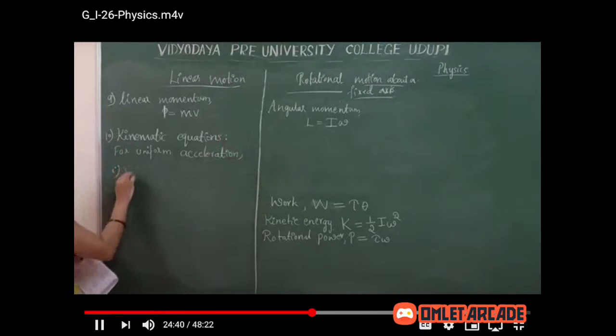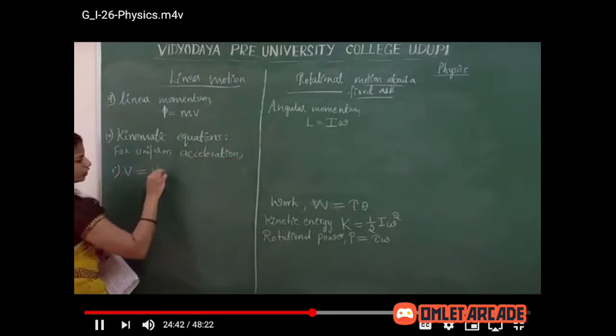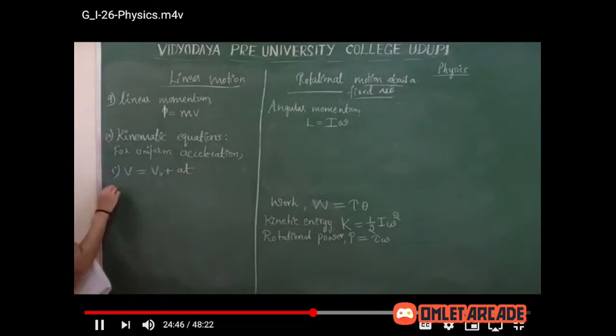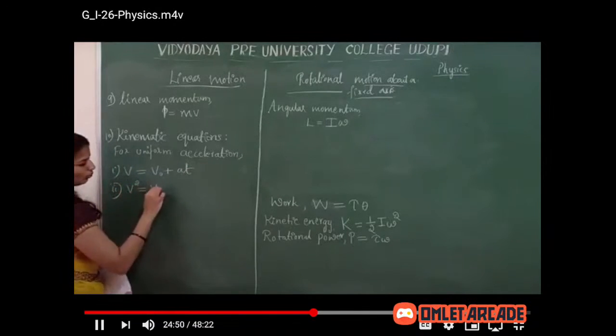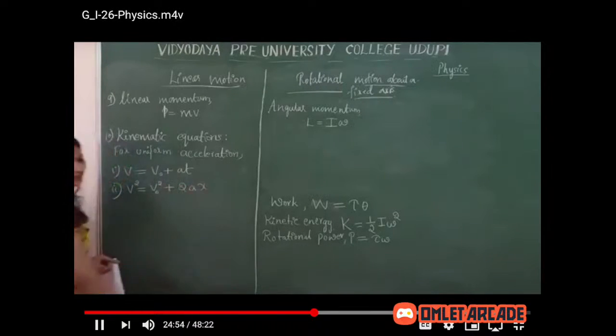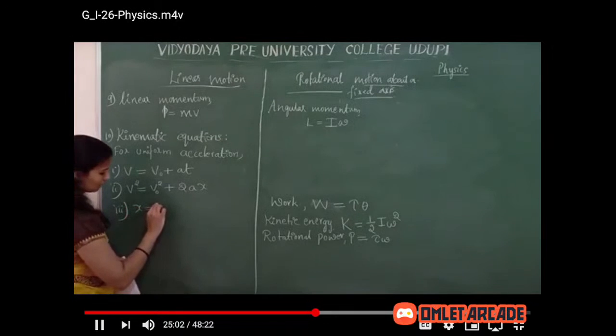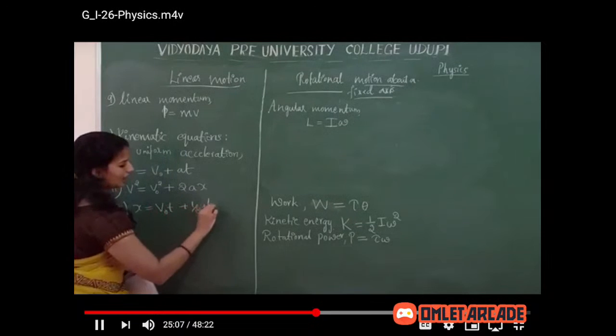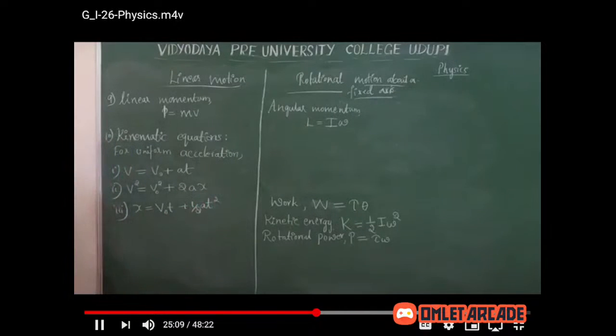First kinematic equation we can write: V is equal to V naught plus A into T. Second, V square equal to V naught square plus 2AX. Third, X, the linear displacement, equal to V naught T plus half AT square, right?